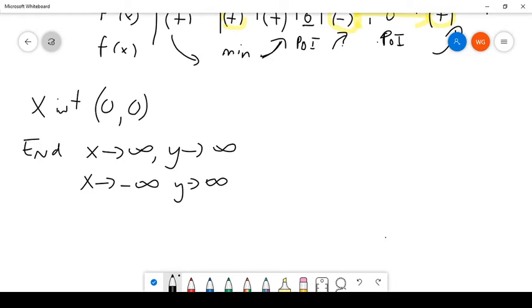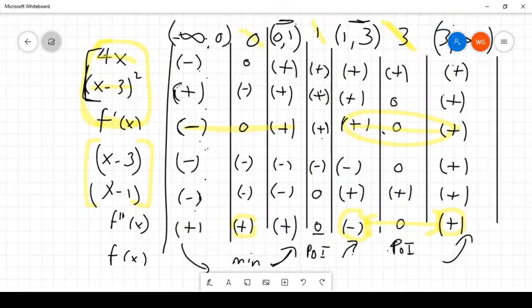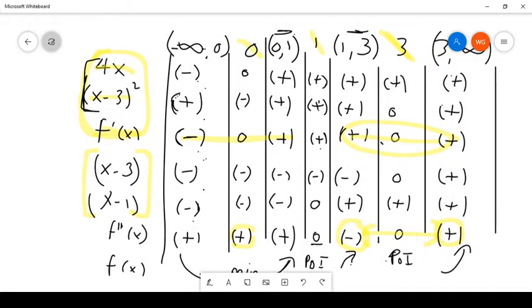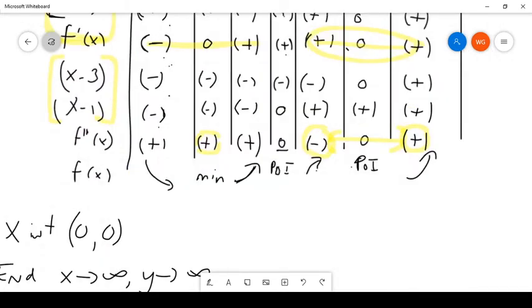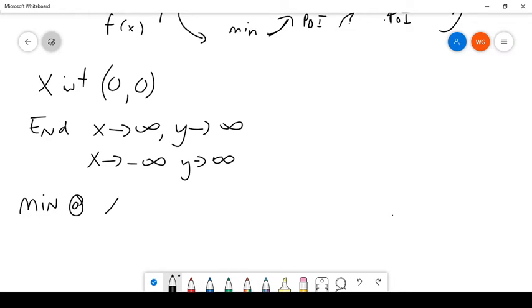Okay, what else? Our chart indicated that we had a minimum occurring where x was equal to 0. So minimum at x equals 0, and the ordered pair for that is 0, 0.